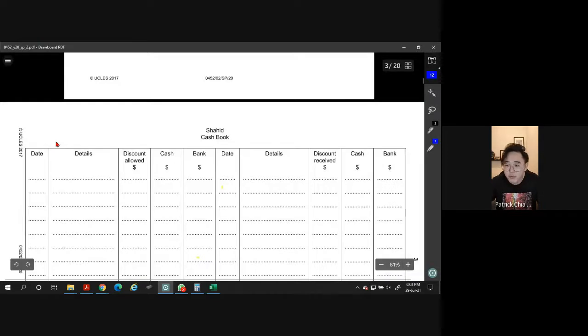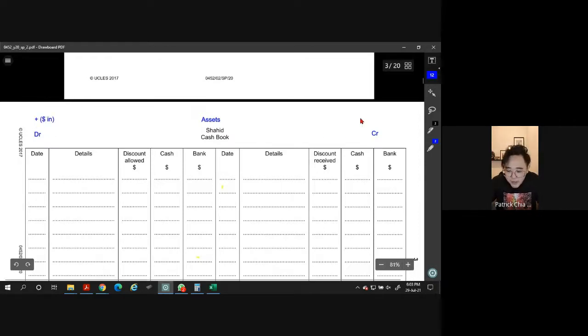You can tell yourself to label this quickly. On the left hand side, DR. DR means left, and CR means right. This will never change, correct? On the left hand side, if the cash book is money, this is our asset account. Only for the cash book, you can tell yourself DR is plus, and plus means money coming in.